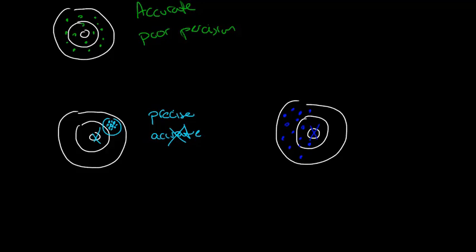So this measurement is not accurate. We also see that we don't have very good reproducibility. Each shot is landing at a different spot, so this is also not precise. So this measurement is not accurate and not precise.